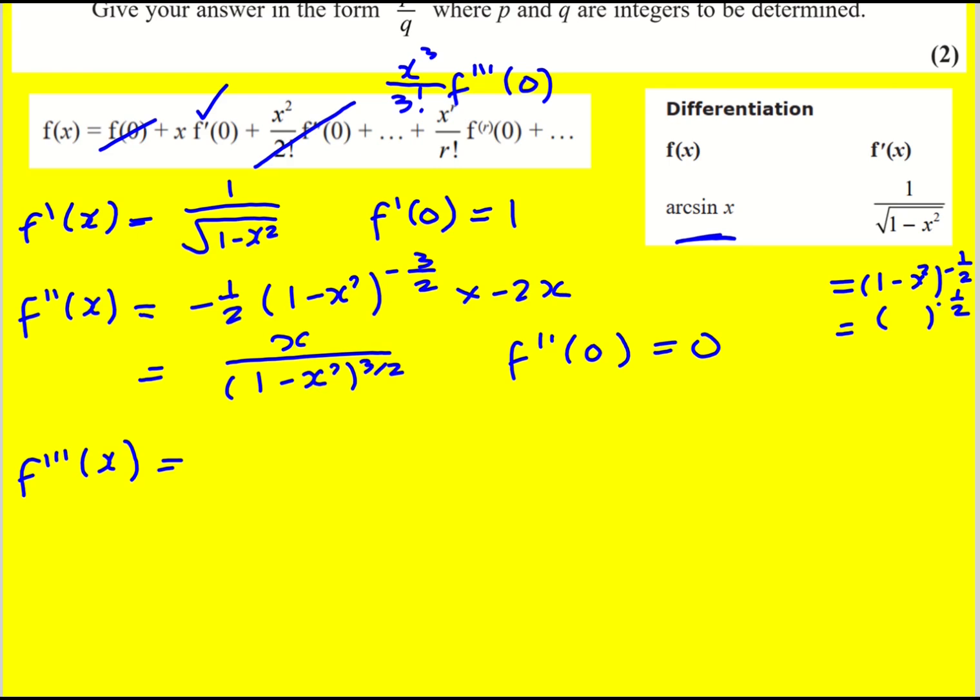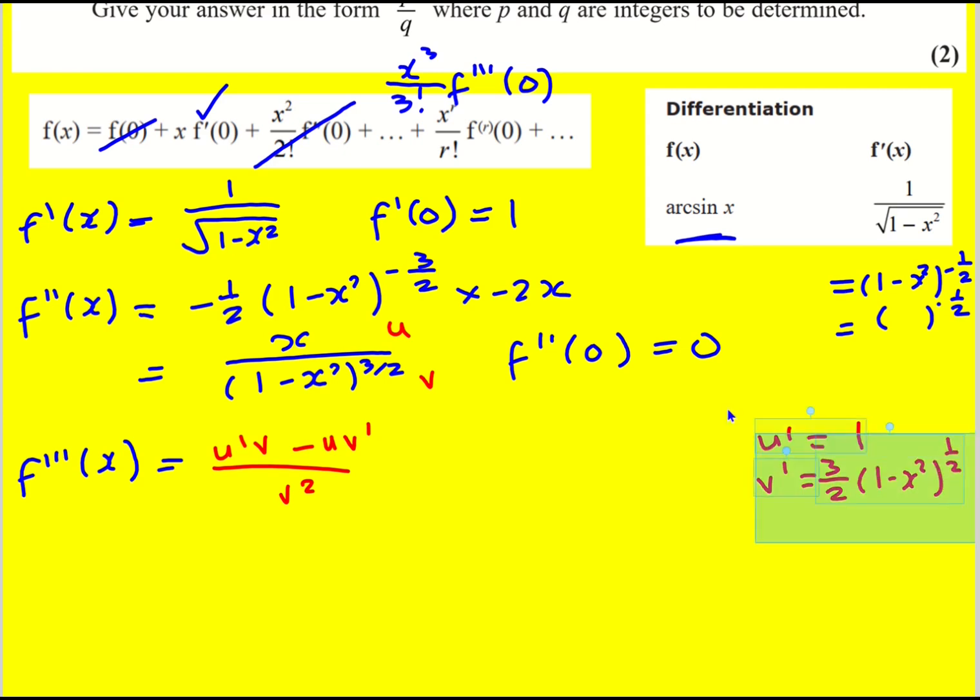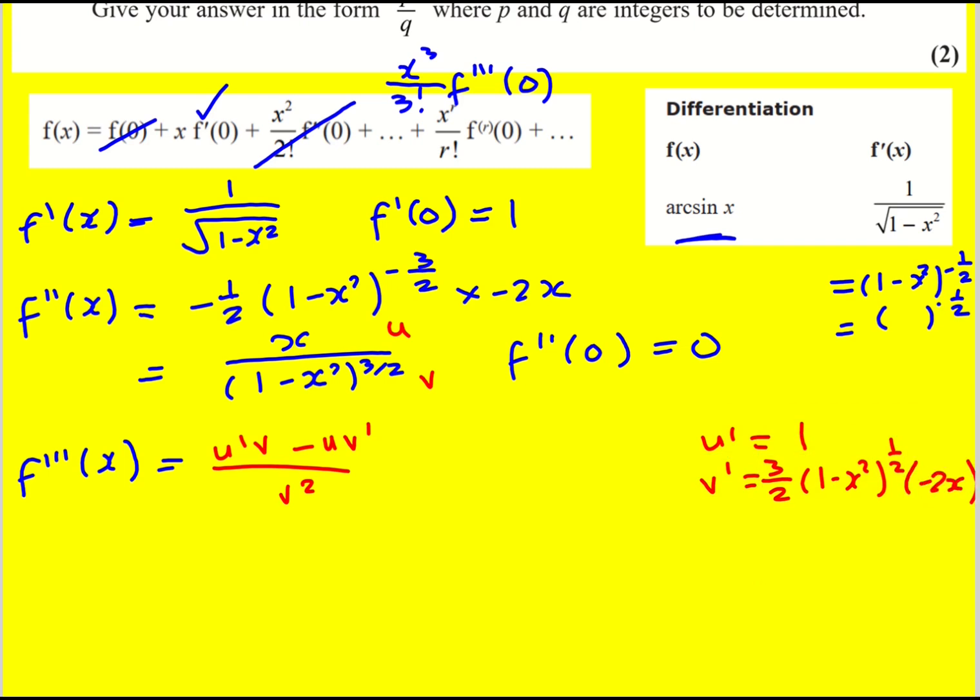You could use a product rule, but no, let's use the quotient rule. u, v, remember it's u dash v minus u v dash over v squared. u dash is 1. v dash is going to be 3 over 2, 1 minus x squared to the half, and that's me dealing with the outside again, times by the derivative of the inside, minus 2x.